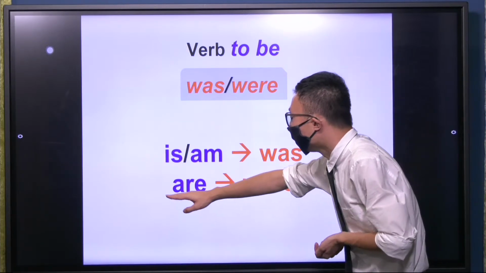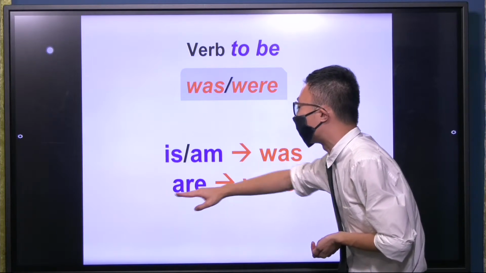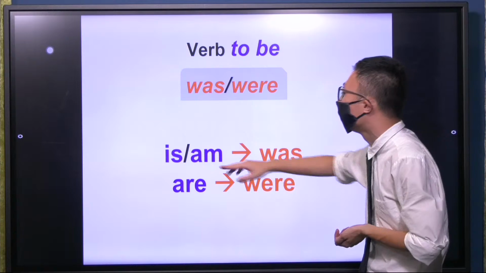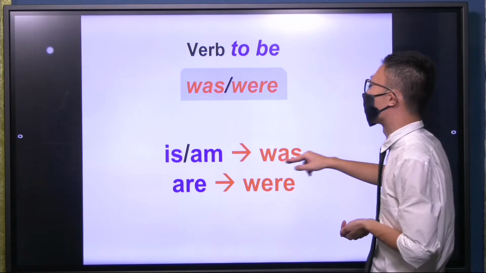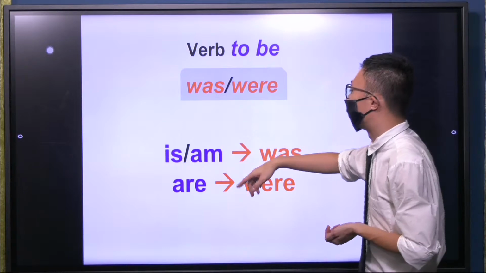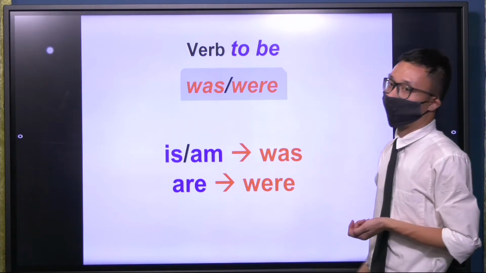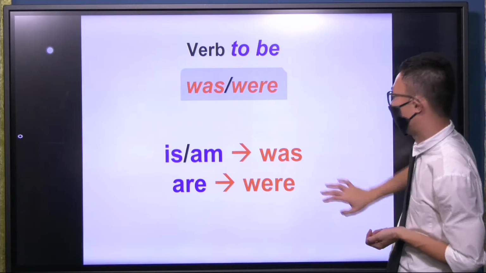When you say they, we, you, we are supposed to use are, but in past tense, were. For is and am, we use was. So I was 7 years old. Or she was a teacher. That's where I use was, all right?